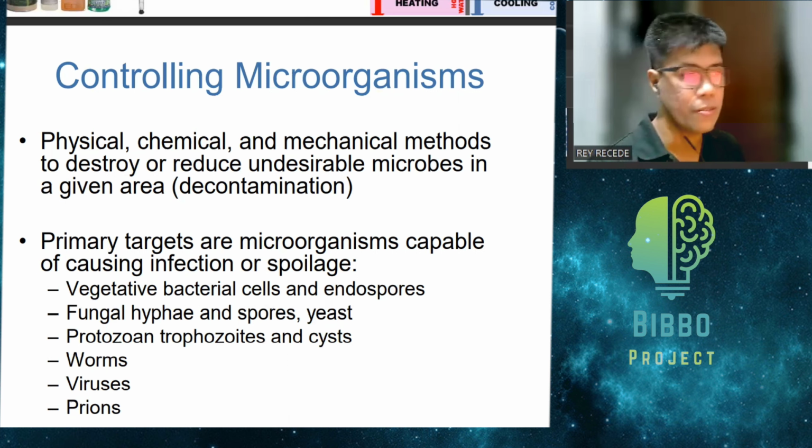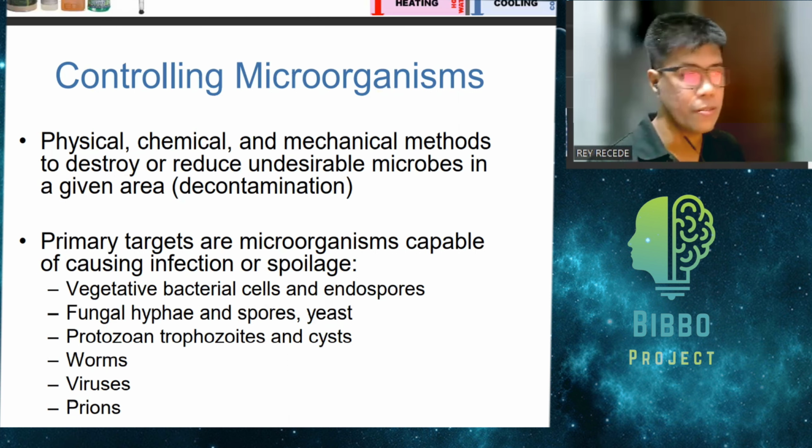There is relative resistance depending on the kind of microbe that we're dealing with. They're classified into three types of resistance. You have the high resistance, the moderate resistance, and the least resistance. For the high resistance, that is where the prions and other bacterial endospores belong.